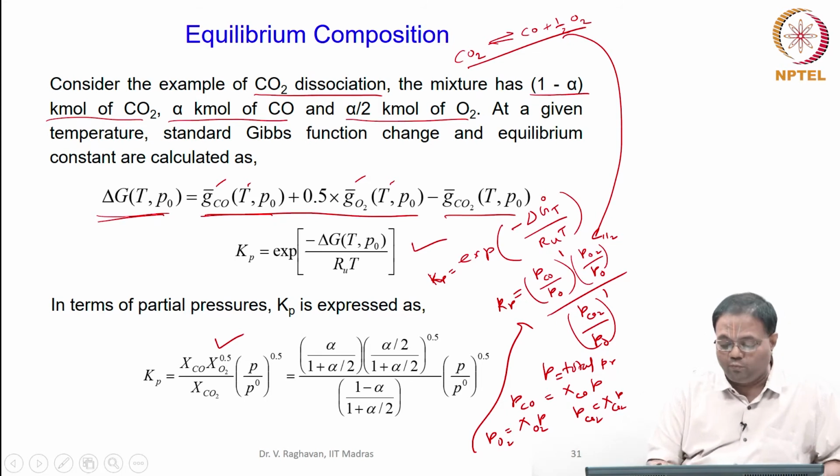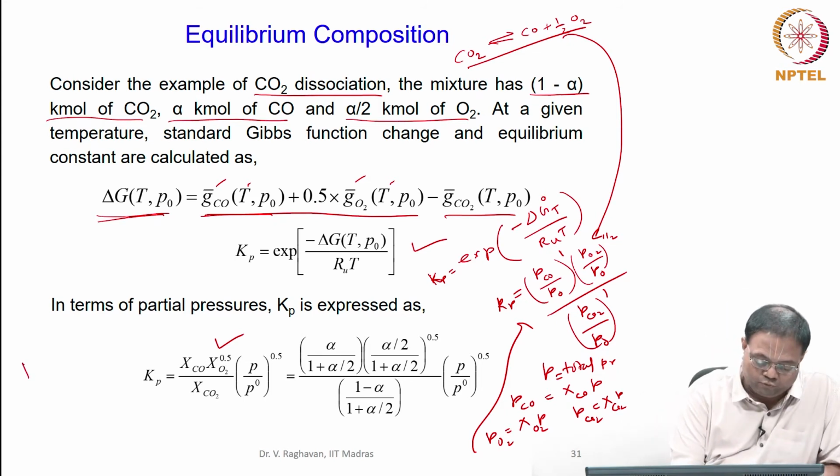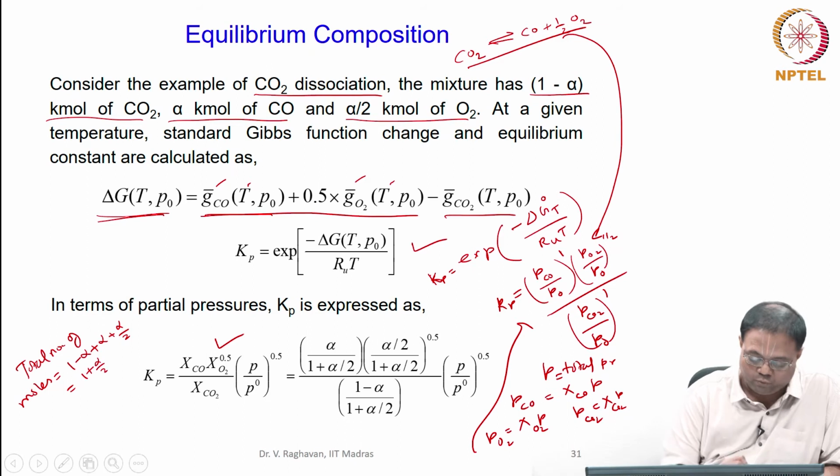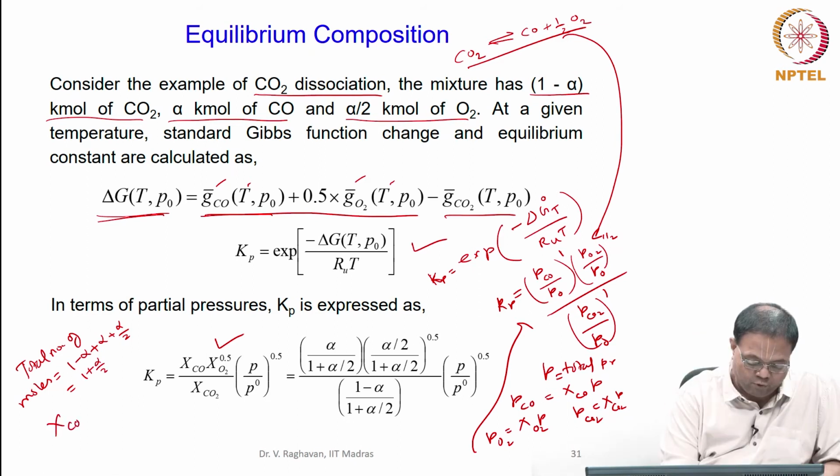Then what is mole fraction? Total number of moles is equal to 1 minus alpha plus alpha by 2, which is equal to 1 plus alpha by 2. So XCO will be equal to alpha by 1 plus alpha by 2.